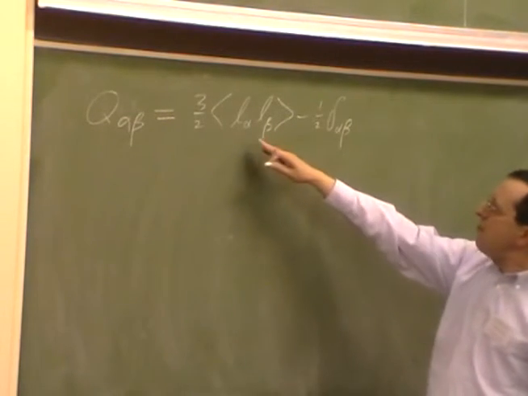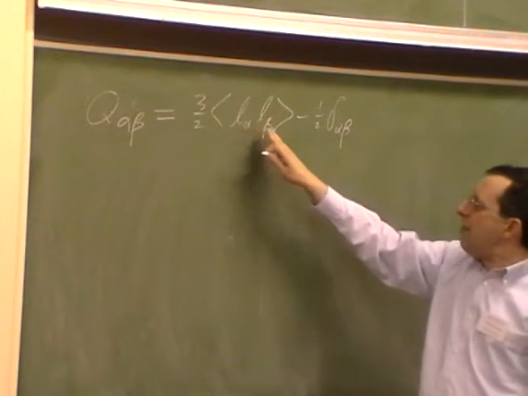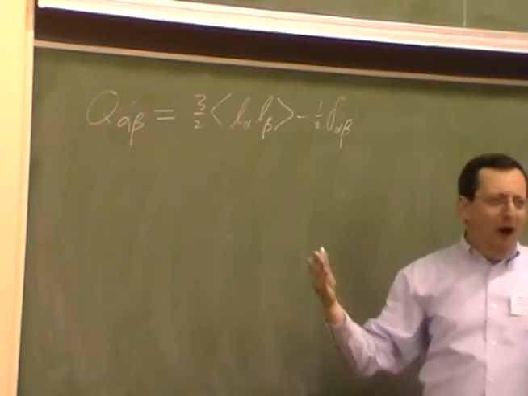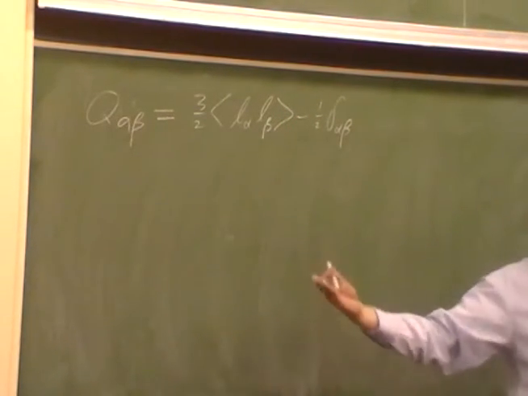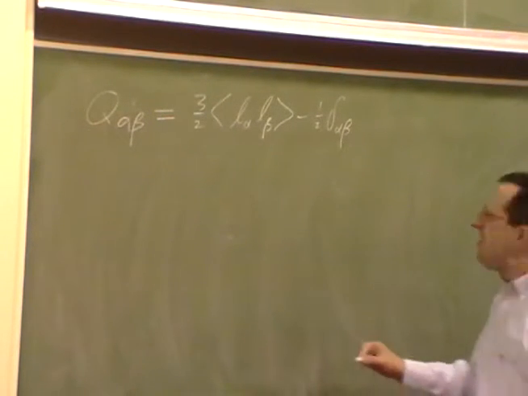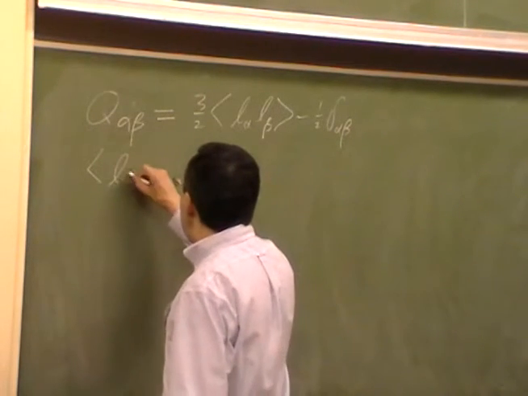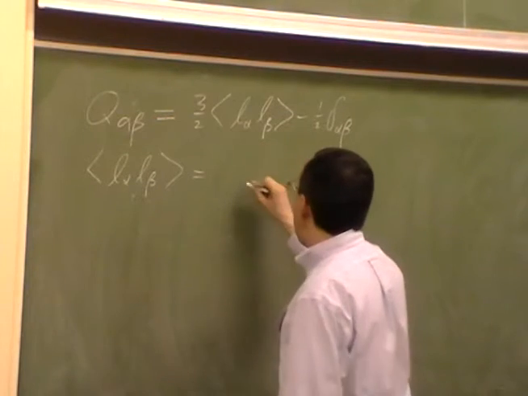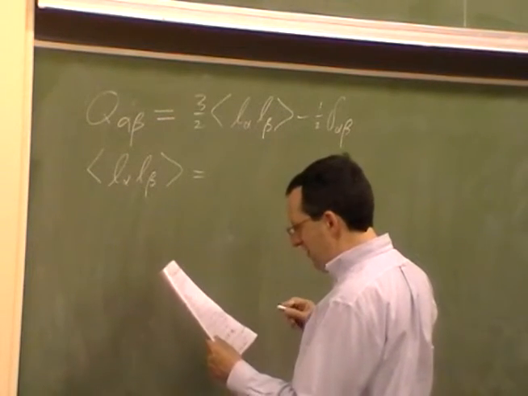And now you say, well, the L alpha L beta for which molecule? Well, they're all the same, so it's for molecule i or molecule j or whatever molecule.